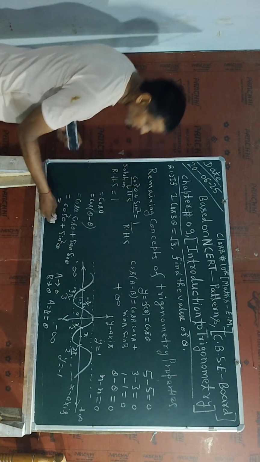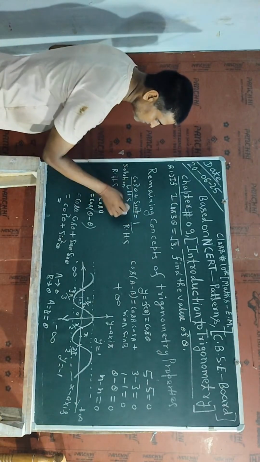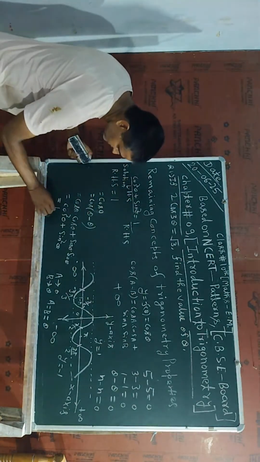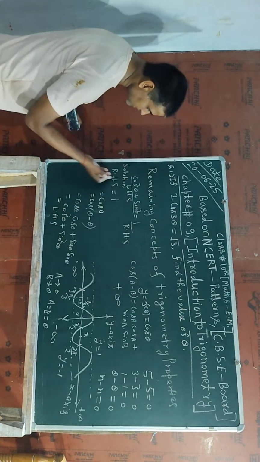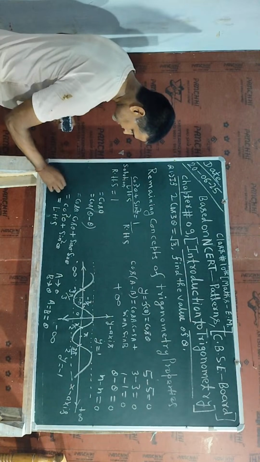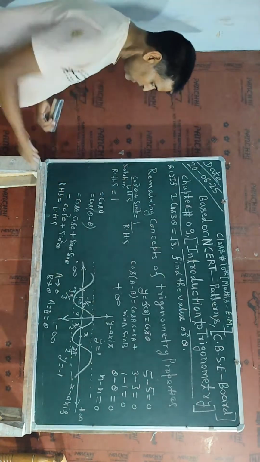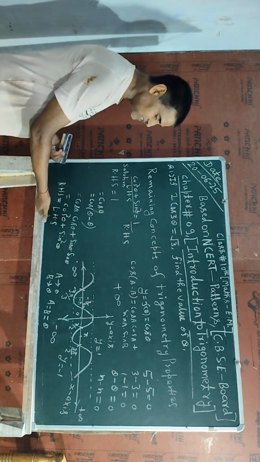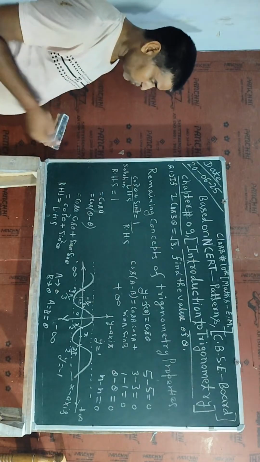Therefore this is the left hand side: cos square theta plus sin square theta is available here. So here I will say this is the left hand side, and here we are coming to the right hand side. Therefore I am going to say right hand side is equal to left hand side. It means that this question has been proved.